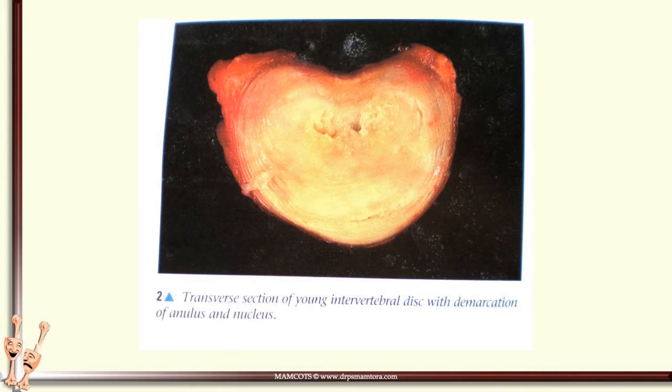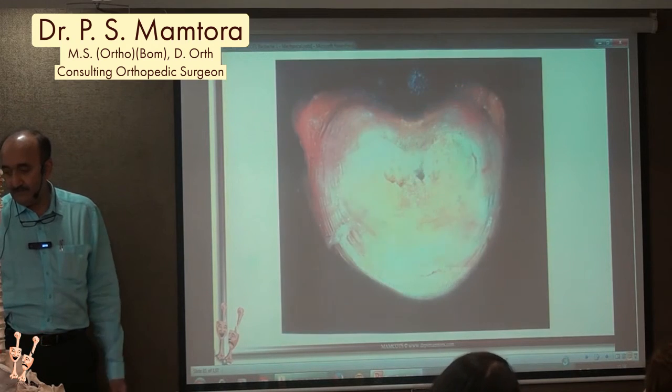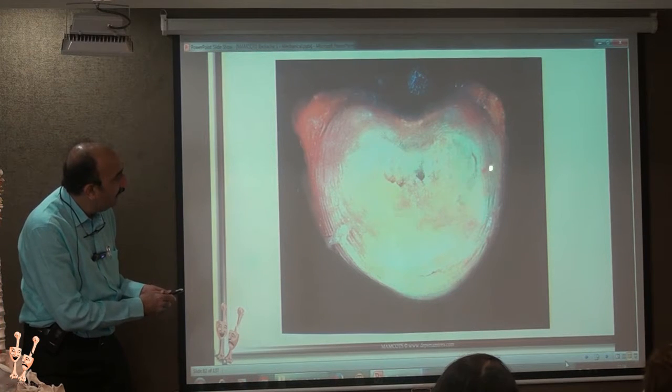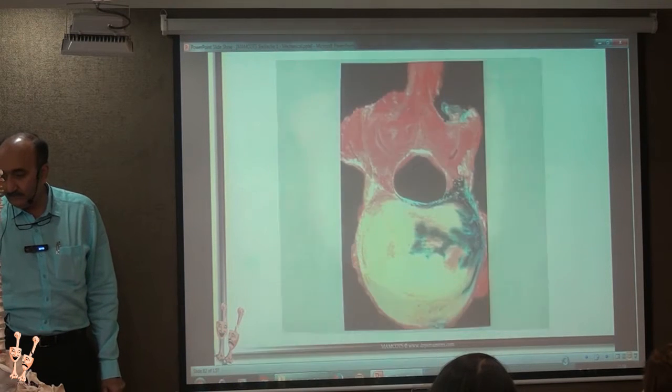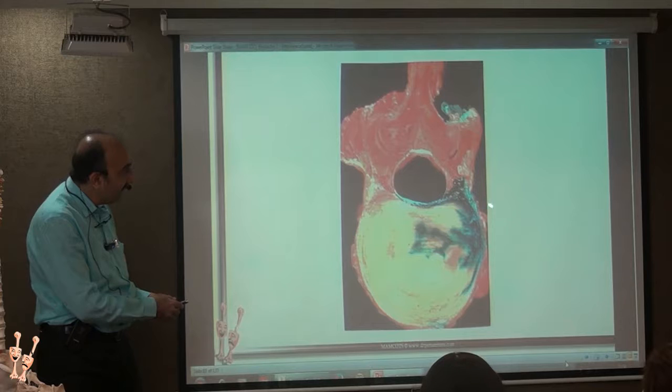Pictograph of a disc. This is the annulus, this is the nucleus. मतलब cadaver. Then you have this annular tear. Then you inject that, you see, oh, कितना सब, the nucleus can travel in so many places because of the annular tears.